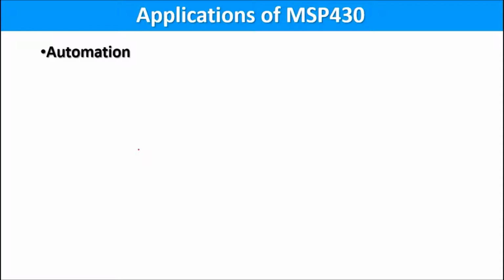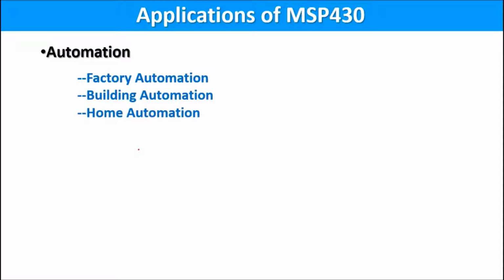Applications of MSP430. You can use MSP430 in almost all applications where there is a need for a microcontroller. Just a few applications are listed here, which are maintained on the TI website. Automation: factory automation, building automation, or home automation.